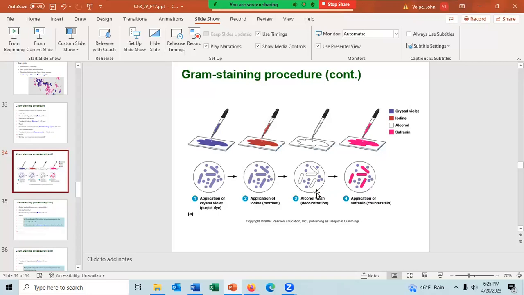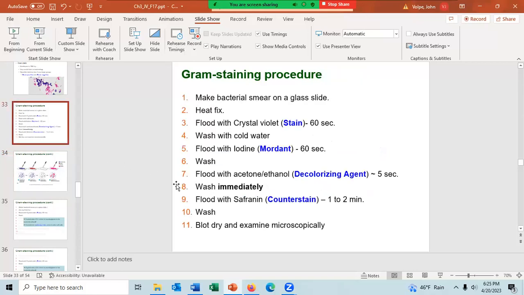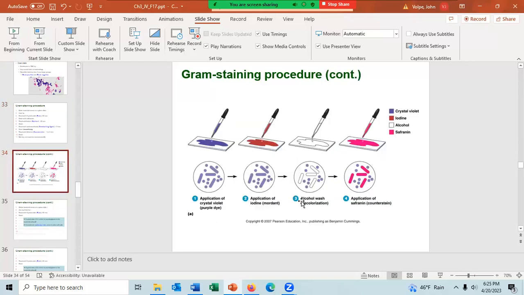Now, if you do not immediately remove the decolorizing agent from the cells, the decolorizing agent is on the gram-positive cells, and with time, it will remove the crystal violet iodine complex out of the gram-positive cells. So that's why you need to immediately wash with water to remove the decolorizing agent.